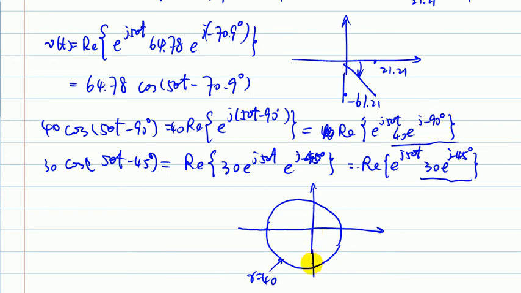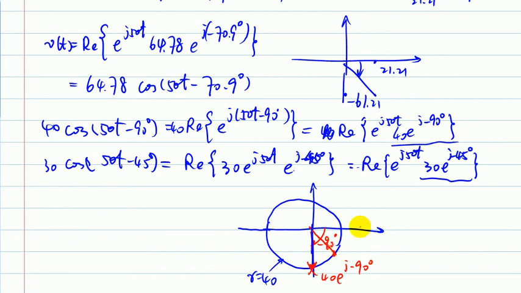Negative 90 degree is here, and this point represents 40 e^(-j90 degree). The second point is 30 e^(-j45 degree), and negative 45 degree is here.